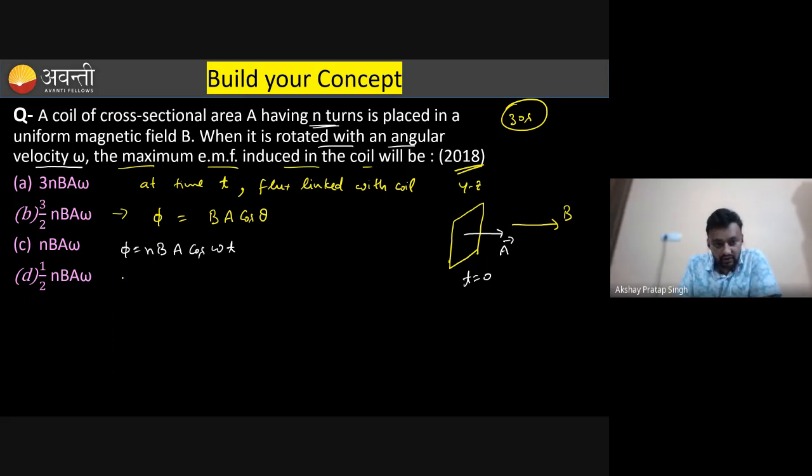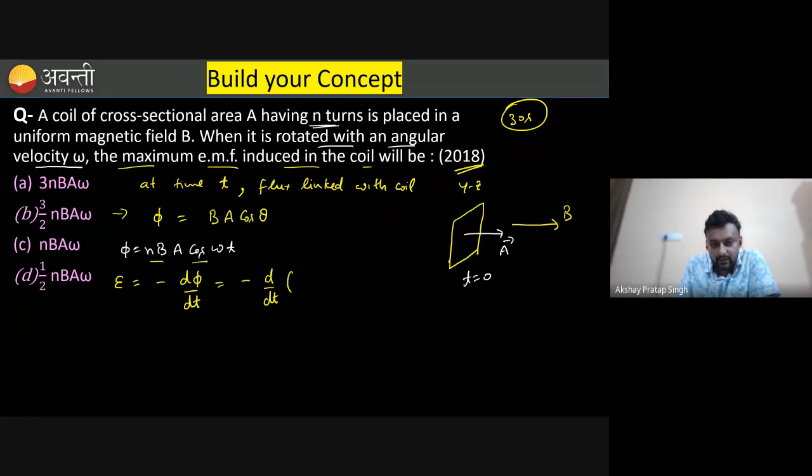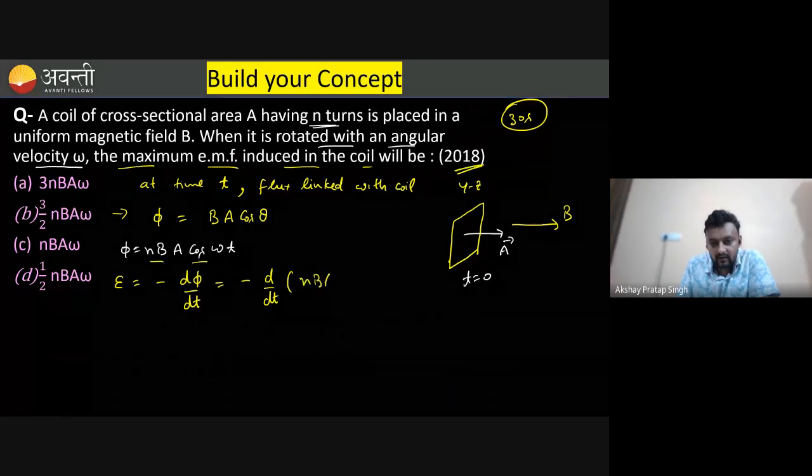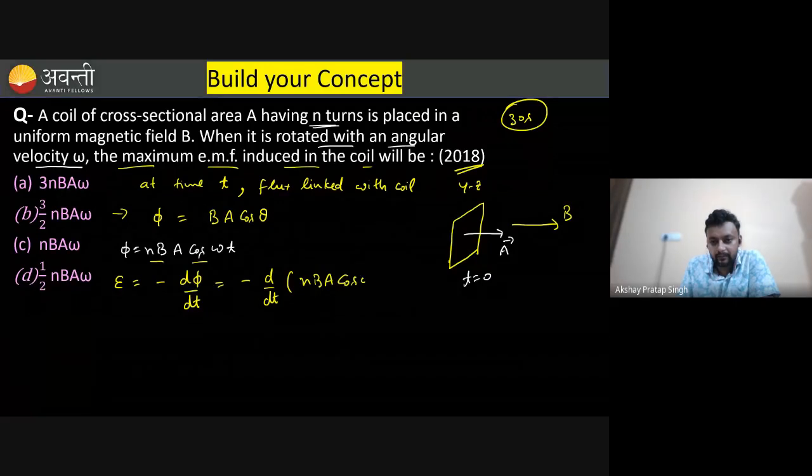So everybody knows the induced EMF will be minus d phi over dt. Is it clear? If I put the values of minus d over dt, what is phi? Phi is NBA cos omega t. I hope everybody can differentiate this term.